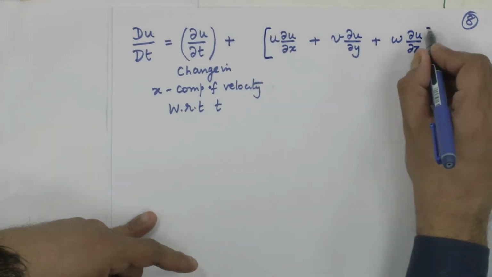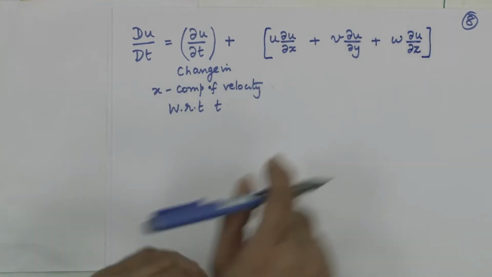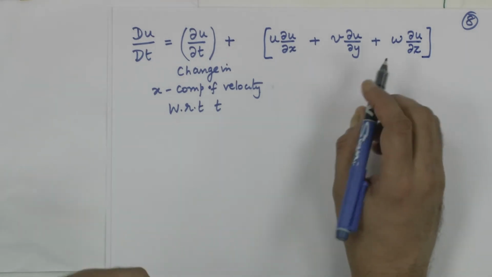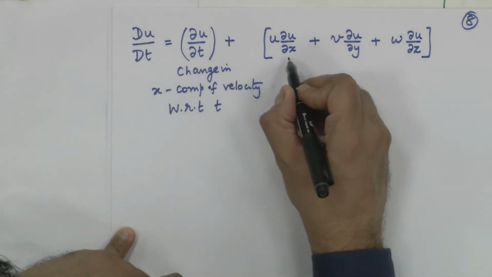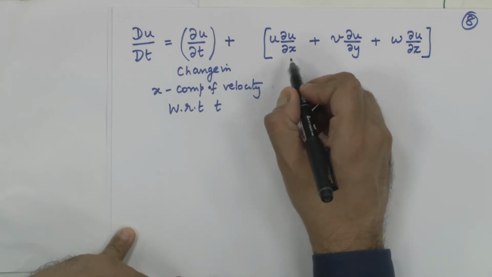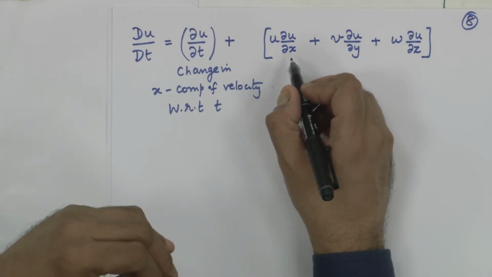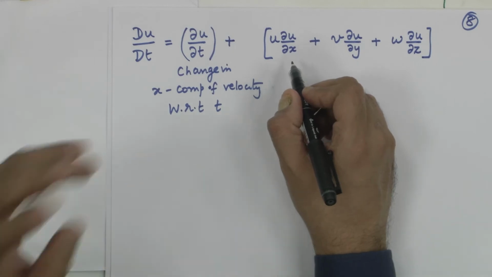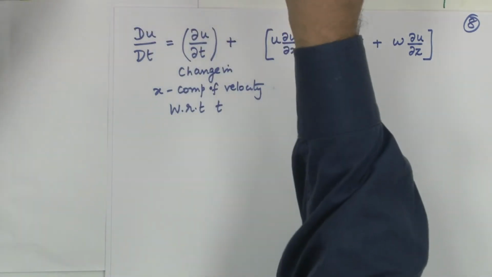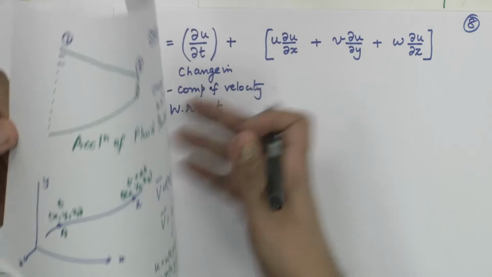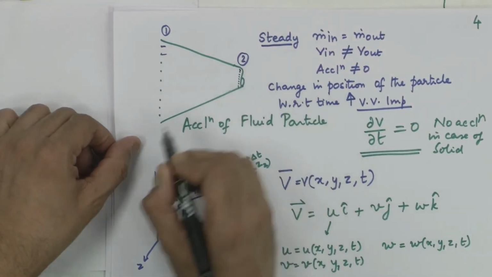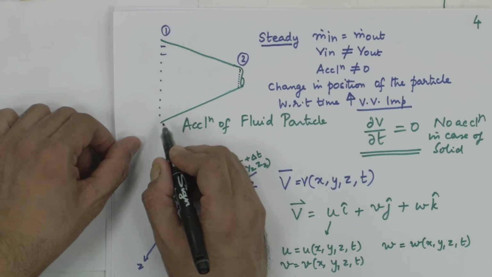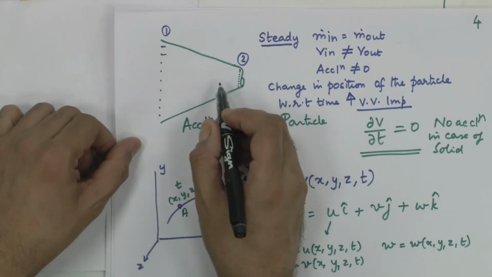These are the important terms. This one is as if the x component of velocity is being changed with respect to position, nozzle. When you go back to your nozzle example, the position of the particle is changed, the velocity has changed, right. So, position is changing.